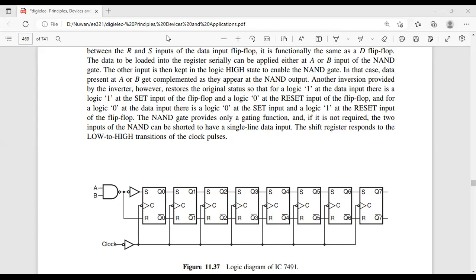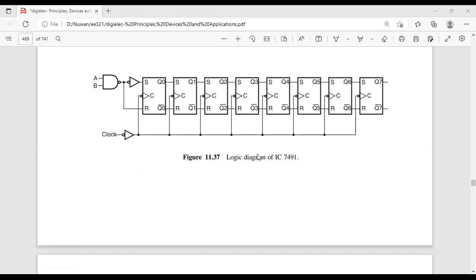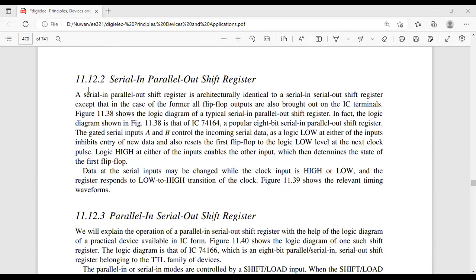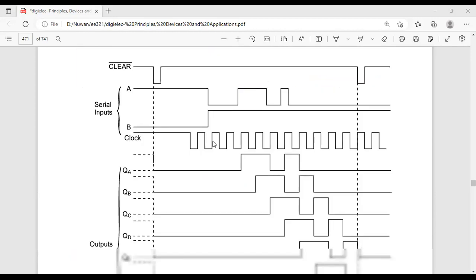High voltage represents 1 and low voltage represents 0. So I recommend using active high gates, but you have to use the negative edge triggered flip-flops. So there are 4 types of shift registers.